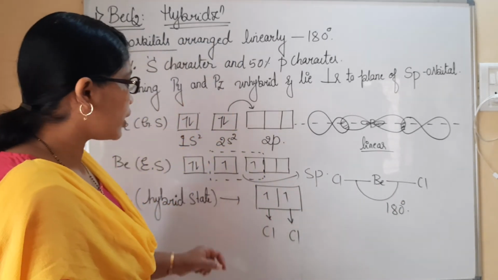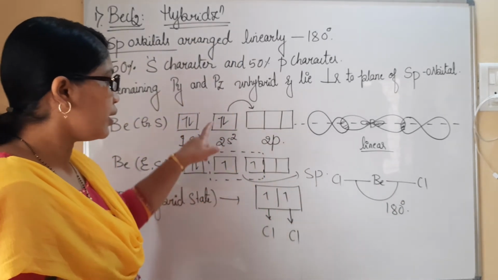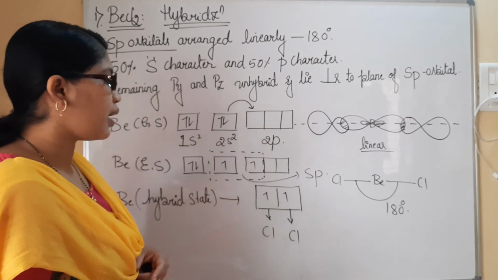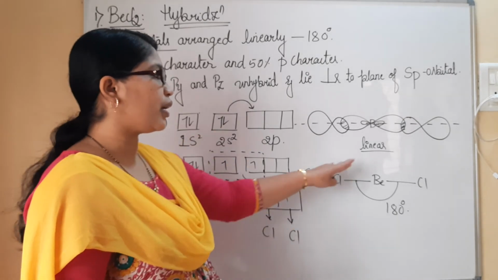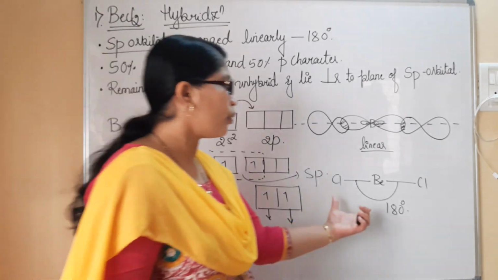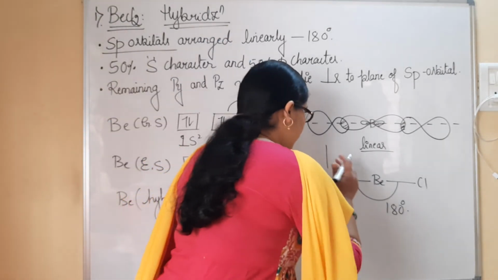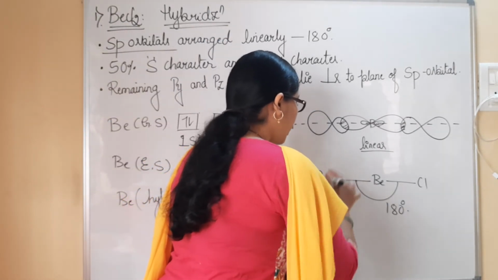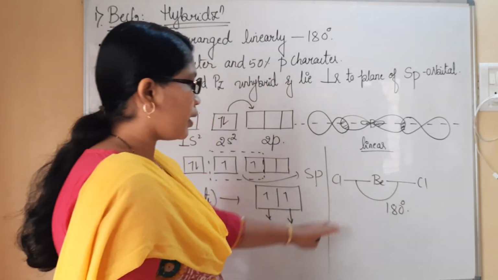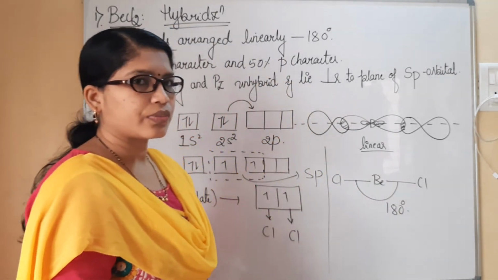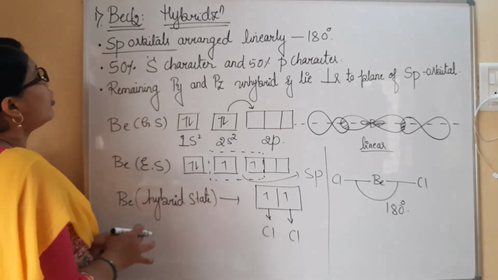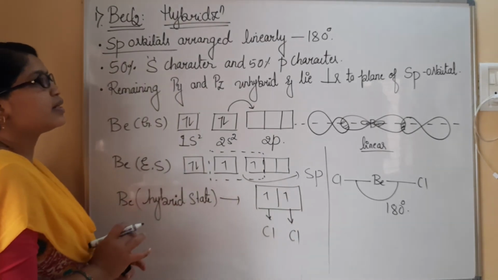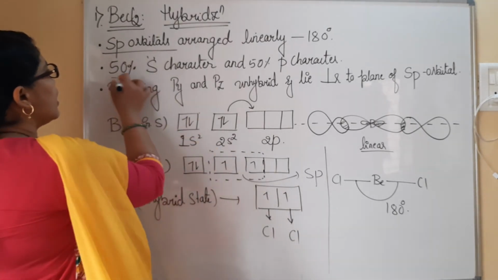Understanding? So what orbitals are involved? The s orbital and p orbital are involved. There are 2 electrons coming here for bonding purposes. And at last we show the bond formed between beryllium and chlorine like this. So this is all about the BeCl2 hybridization part. And one more point I have to tell here.